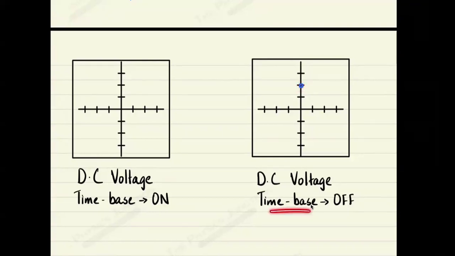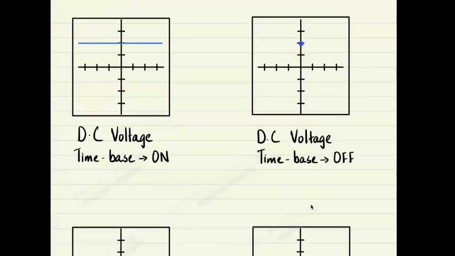Because the time base, what it basically does is it makes the trace move across the screen. So when you turn the time base off, you have this electron beam, which moves really fast across the screen, so it basically becomes a line. So the time base is what makes it move across the screen. So then it basically just becomes a horizontal line like this.